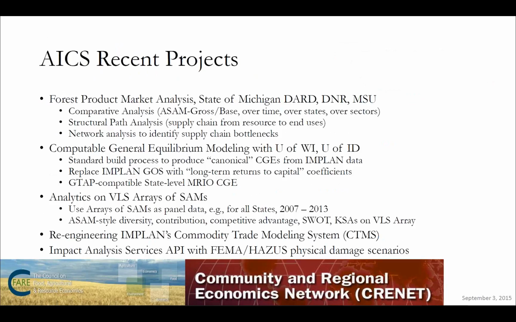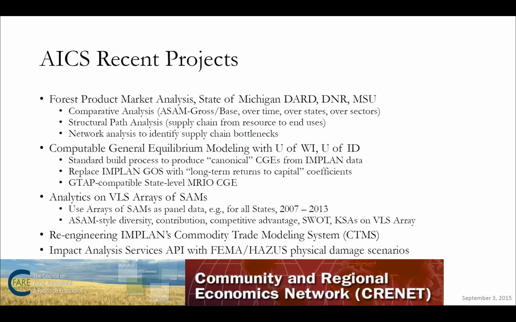We also included a structural path analysis to look at decomposing the multipliers into the supply chain, so we could track in great detail how the forest resource moved from resource to end uses, and then also applied network analysis to identify supply chain bottlenecks, so that we could look at the characteristics of the structure of the Michigan economy and how to exploit new markets in forest products there.